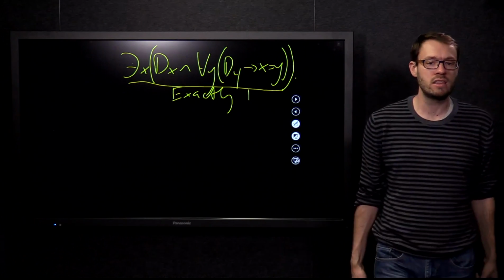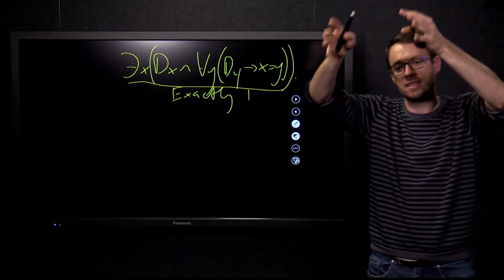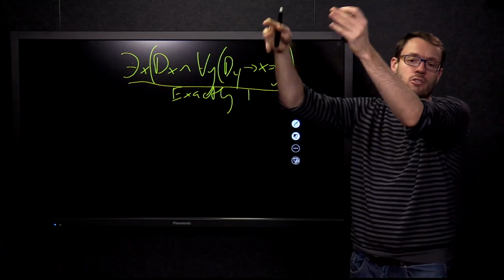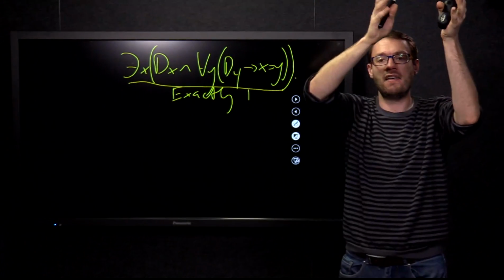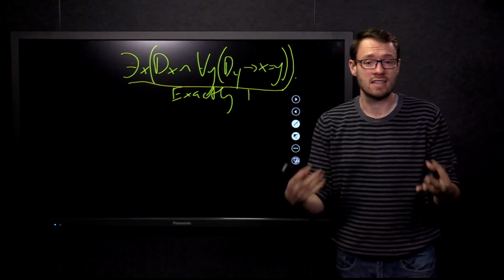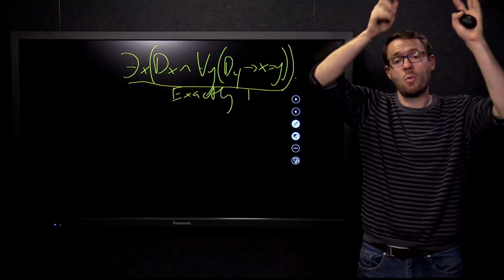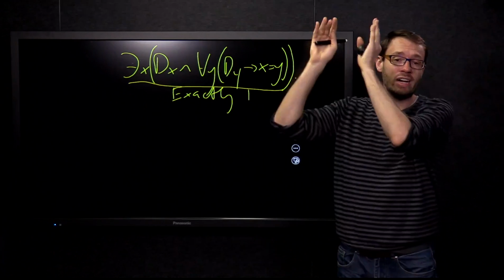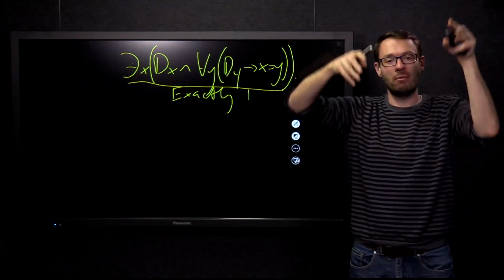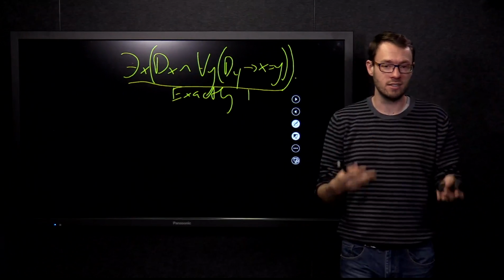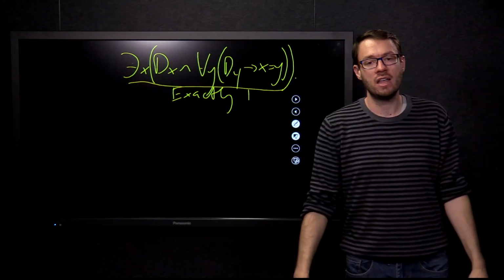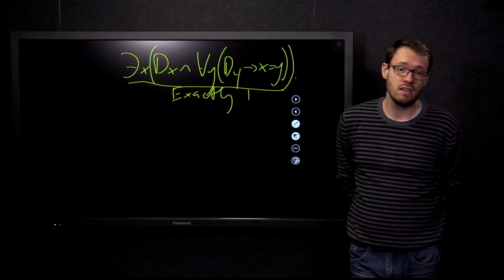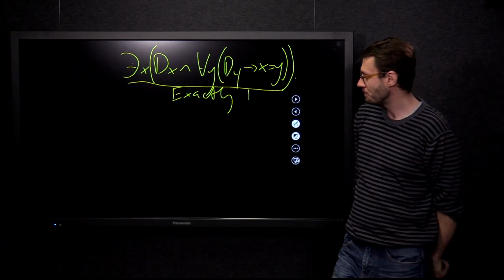If you want to say that there are 3 things, you say there is an X, there is a Y, there is a Z, and they're all distinct and they're all dogs, and for any W that you pick out, it's either X or Y or Z. If you want to say that there are exactly 4 dogs, you say there's an X, a Y, a Z, a W, and for any T that we can pick out, it's the same as one of those first things that we picked out, and so on. The basic structure doesn't change as you dial up the complexity of the claim that you're trying to translate.